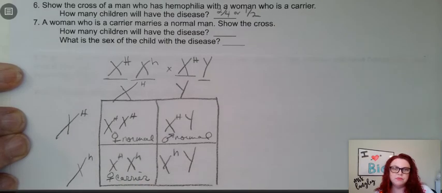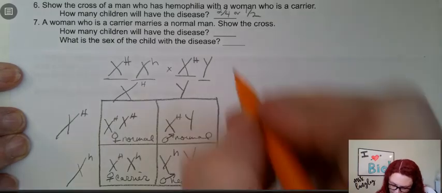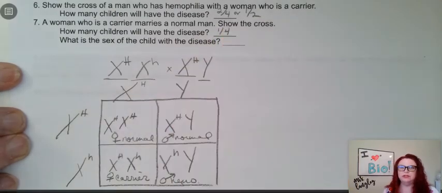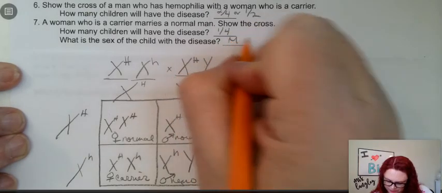I have XY, so that is male with the lowercase, that means this one has hemophilia. So how many children will have the disease? Well, I had normal, carrier, hemophiliac. So 1 out of 4. What is the sex of the child with the disease? Male.